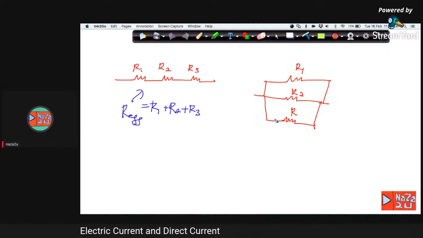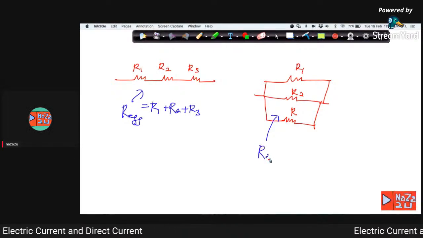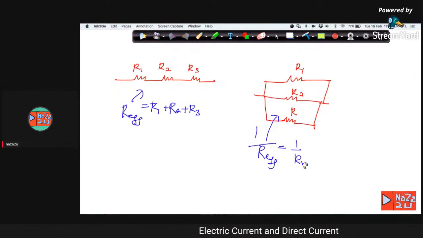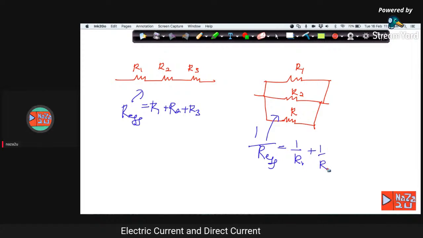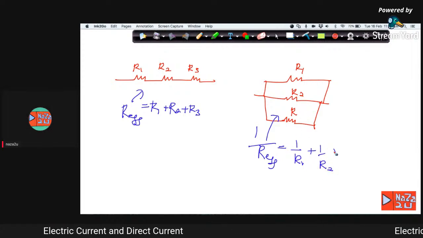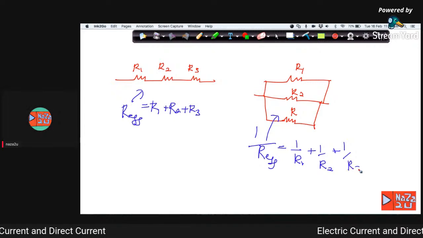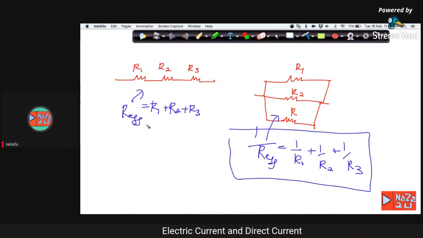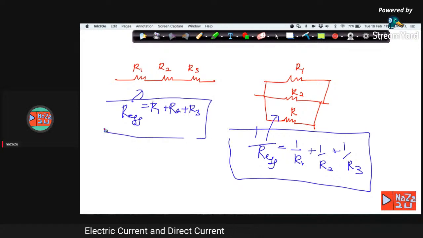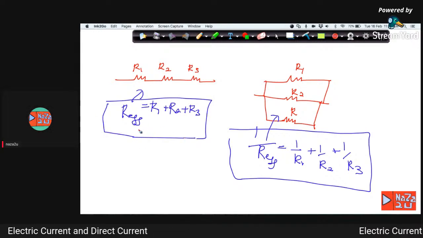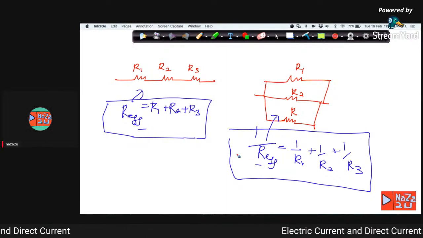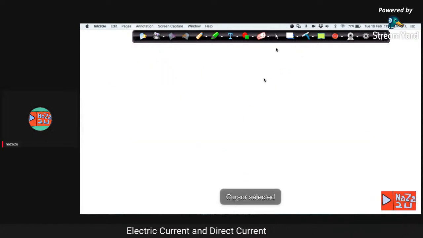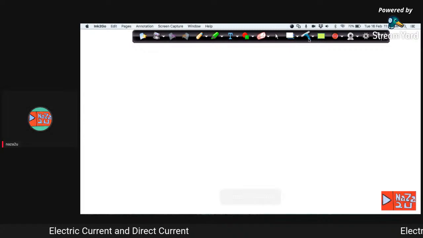For the parallel circuit, effective resistor is 1 over R1 plus 1 over R2 plus 1 over R3. So this is the equation for parallel and series circuit to calculate effective resistance of resistor. Right, class? Continue to the next slide.